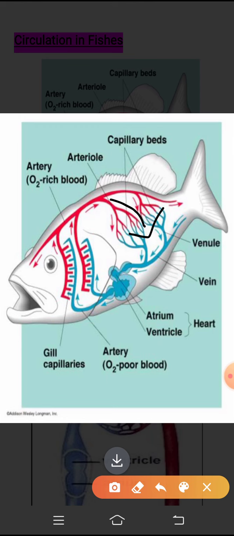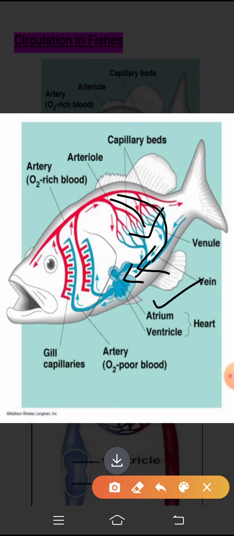The carbon dioxide from the different parts of the body comes back through the blood and enters the heart. To which part of the heart does it enter? I told you, it enters the receiving chamber. Which is the receiving chamber? It is the atrium, right?